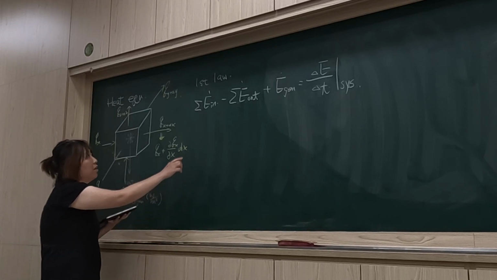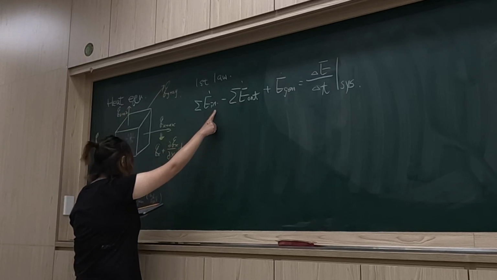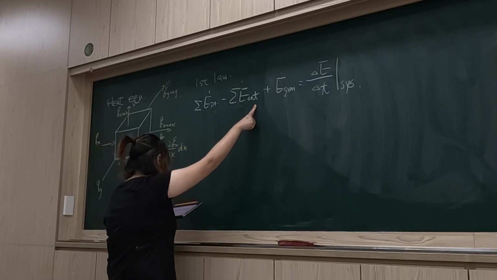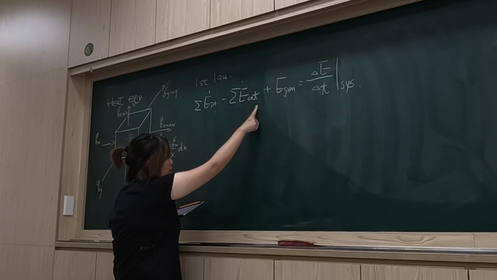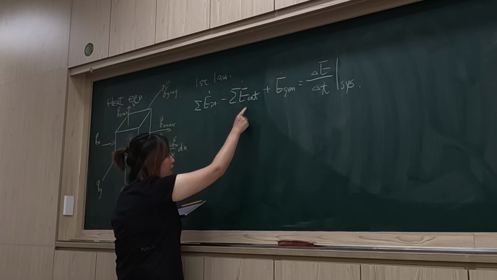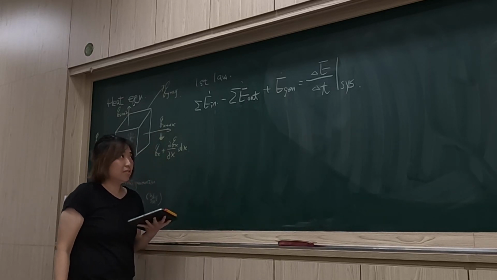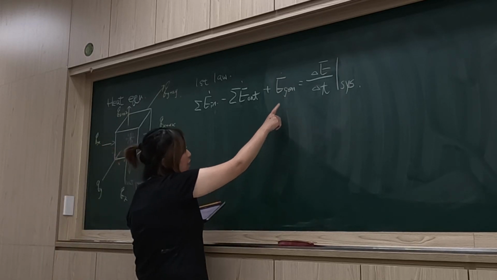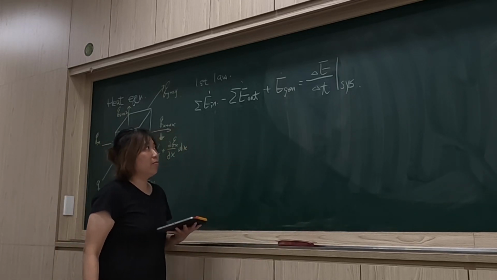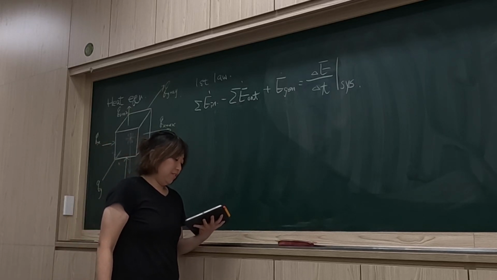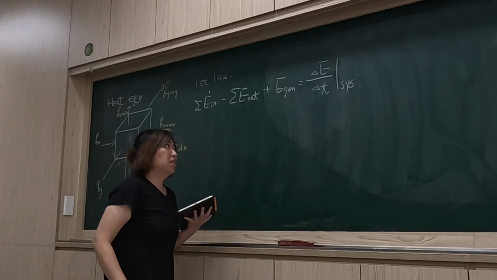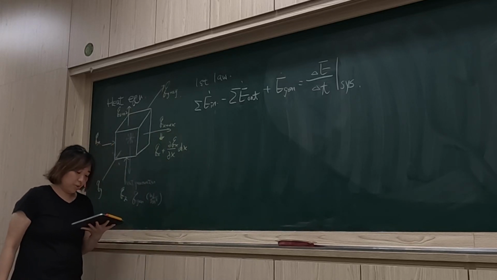So this will be the rate of conduction at x, and this will be the heat conduction rate at the x plus delta x position. And this is the energy generated inside of the element, and this is the energy change content inside of the system or element.